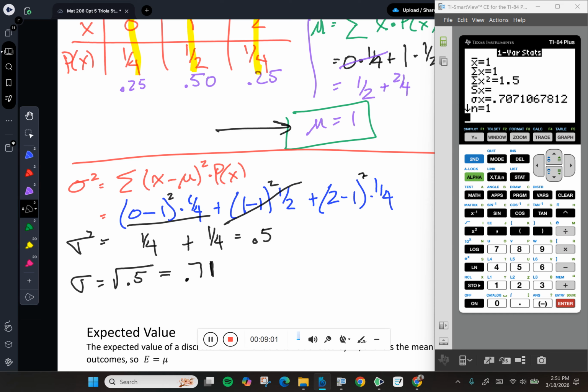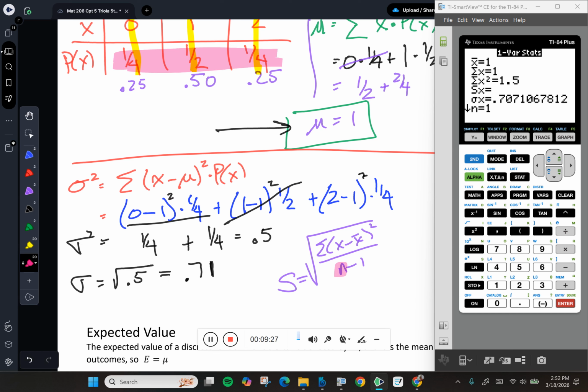I don't know if you remember way back when we had the sample standard deviation formula, with the square root of the sum of x minus x bar squared divided by n minus 1. When the calculator is doing its math, it's calculating n down here by adding up the probabilities. And so if it adds up these probabilities right there, it's going to get a 1.